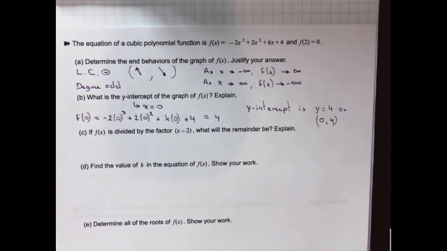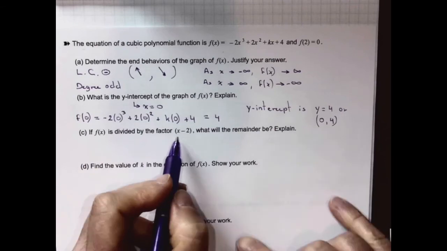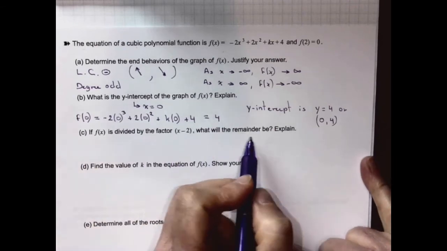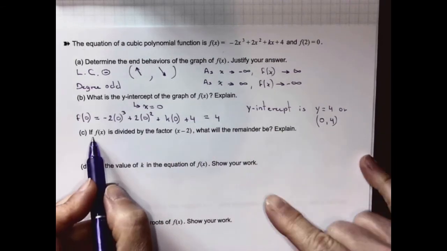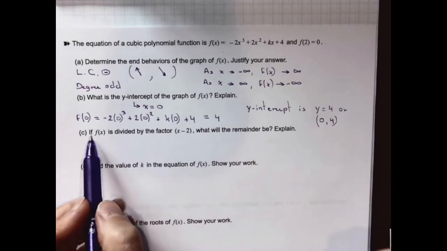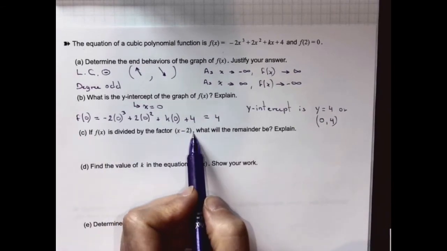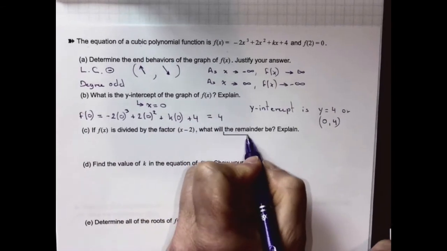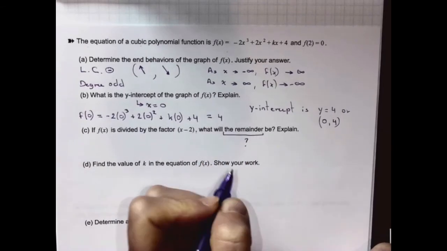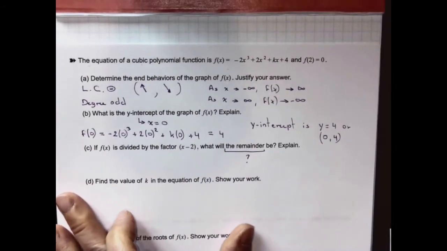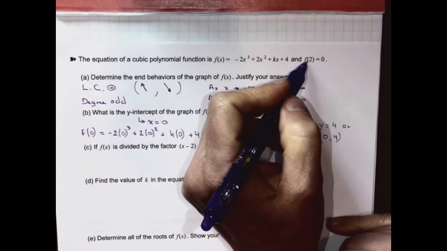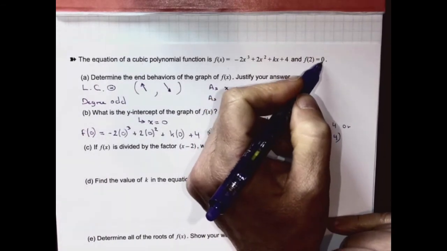And we knew that, right? f of x is divided by the factor x minus 2. What will the remainder be? Now, they're not telling us to divide. They're saying if it is divided by x minus 2, what is the remainder? Well, this is the remainder theorem, right? And we know that f of 2 equals 0.